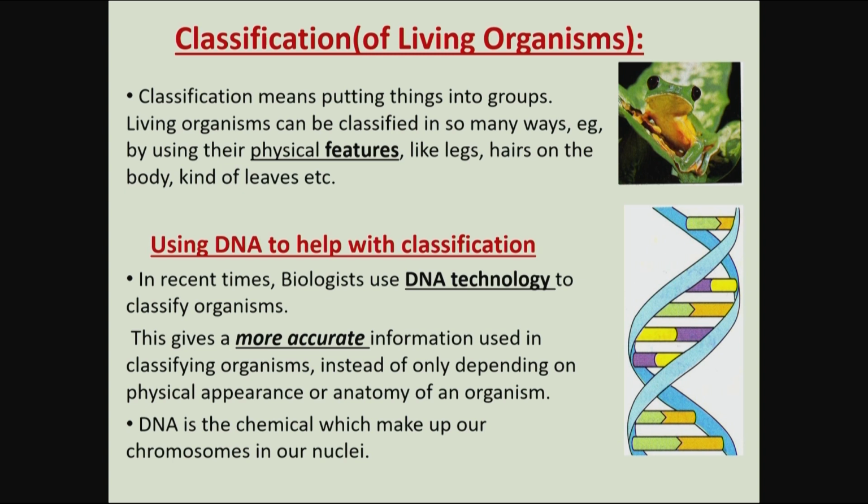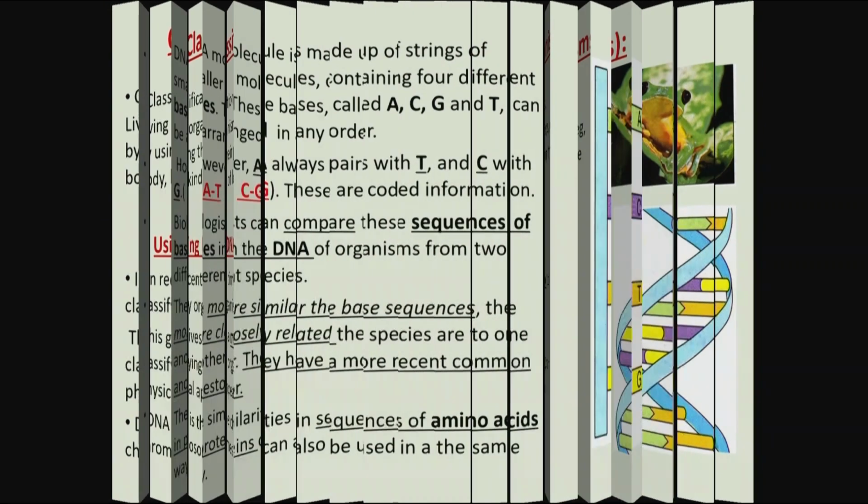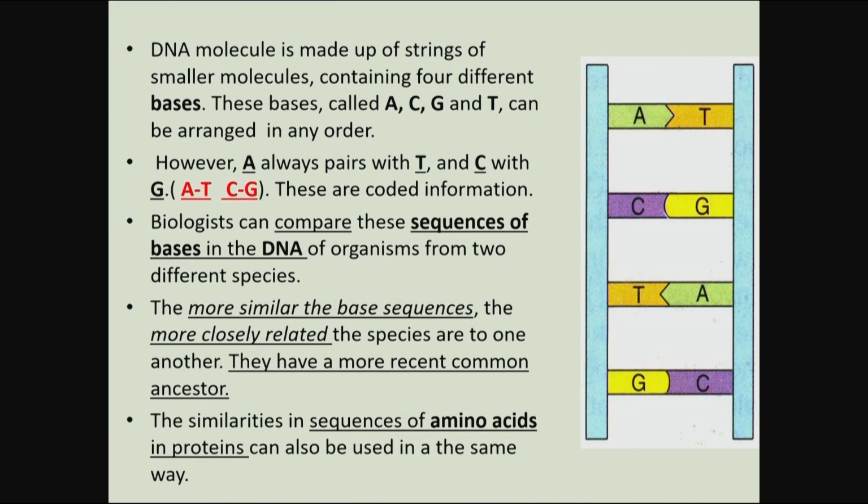So nowadays, biologists are trying to use DNA to help with classification. DNA is a chemical substance which makes up the chromosomes inside our nucleus. They are made up of sequences of bases, denoted by the letters A, C, G, and T.